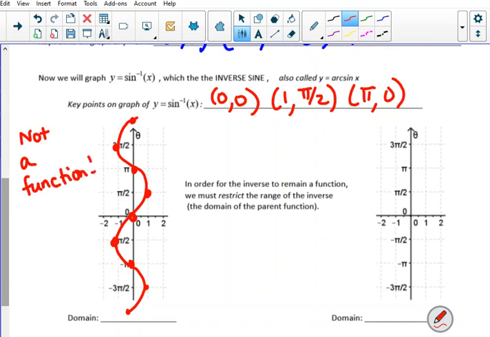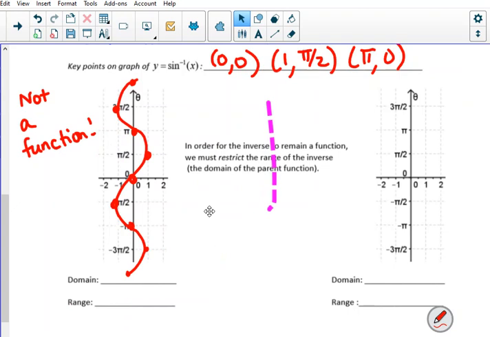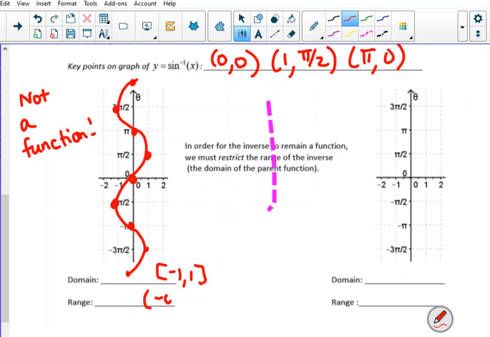We failed the vertical line test. If I draw my little vertical line here, that's not super vertical, but you can see, this definitely fails the vertical line test, or pencil test. This picture has a domain of -1 to 1 and a range of -infinity to infinity.